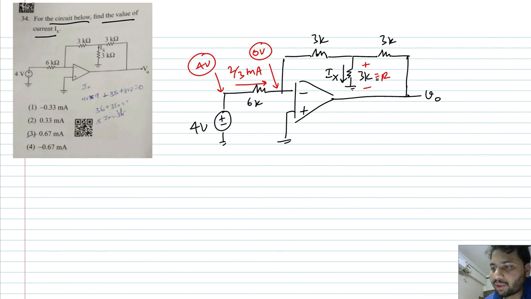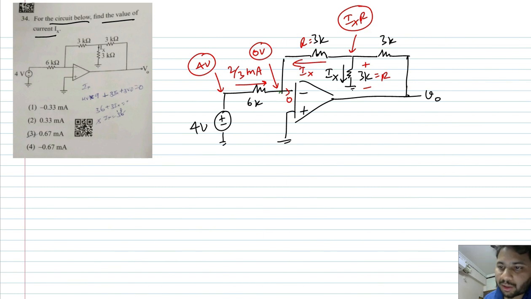Is it not Ix into R? So what is the potential at this point? It is Ix times R. Now what is the current through 3K from right to left? Ix R minus 0 by 3K, which is again R. So is it not simply Ix? And remember, for ideal op amp, the input current is 0.